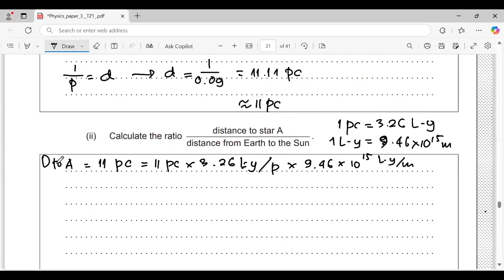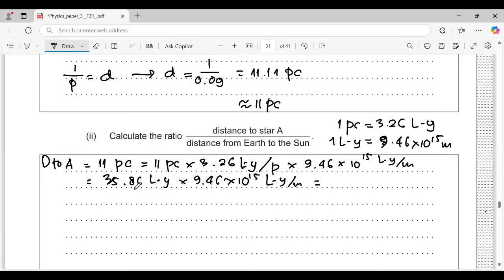This is the distance to star A. And if we calculate, the result is, I will calculate this, 35.86, like here, because 11 times 3.26, like here, multiply 9.46 times 10 to the power 15 per meter.